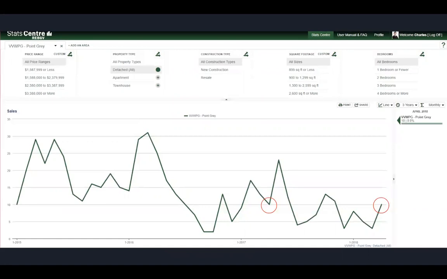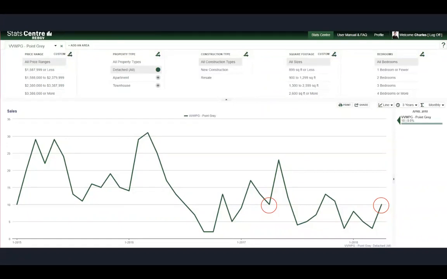And this is the number of sales. You see where the red circle is. This picture was taken in April 2018. The sales went up back in the middle of 2017.